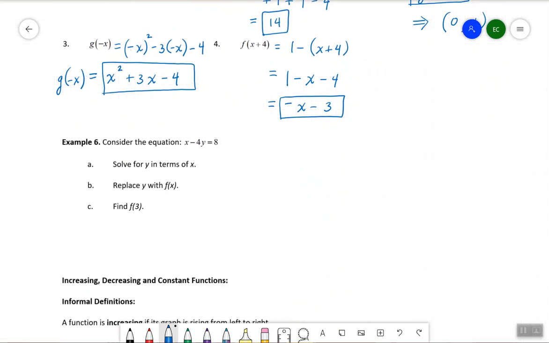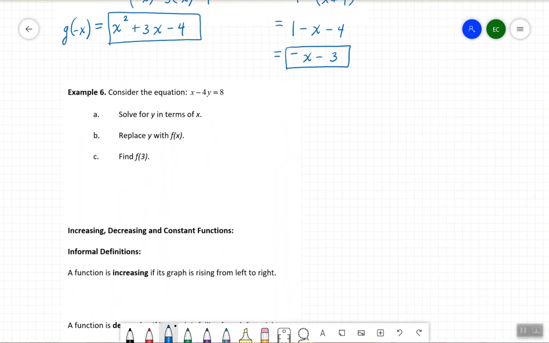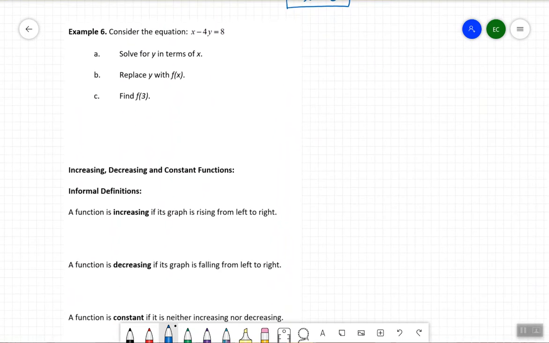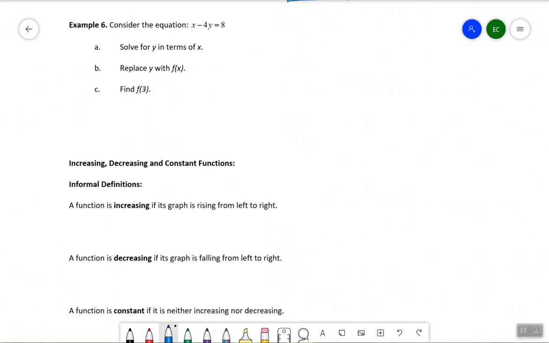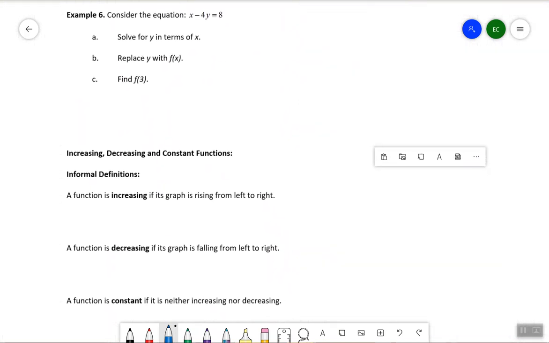Here's a similar problem, not quite the same. For example 6. It's nice because there are a couple of ideas there that we'll see in the next section. So in particular, this is the equation of a line, and we're going to be studying lines in sections 2.4 and 2.5.